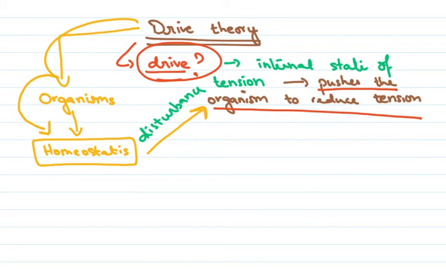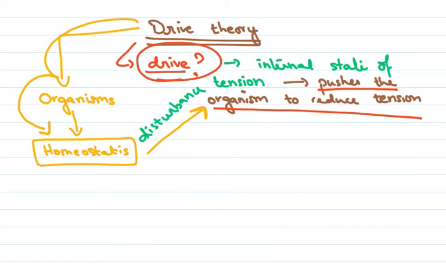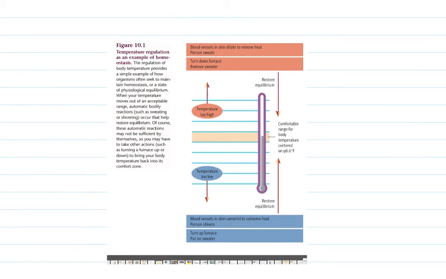Now let's look at an example. What you have here is one example of homeostasis. Let me go back and fix the spelling here as well. So this is what it is. You have an example here which looks at temperature regulation. Basically, if the temperature of the body becomes too high, your blood vessels in the skin dilate to remove heat.